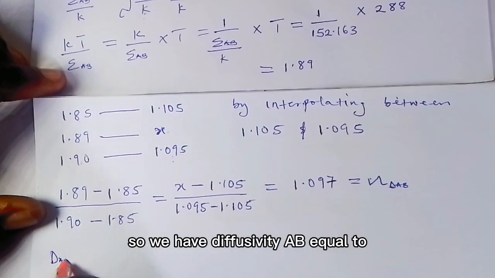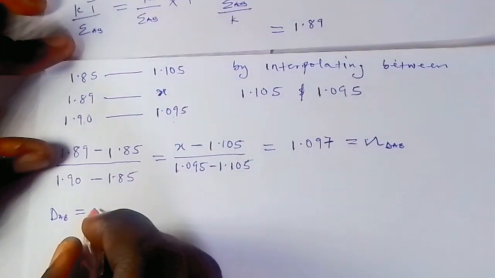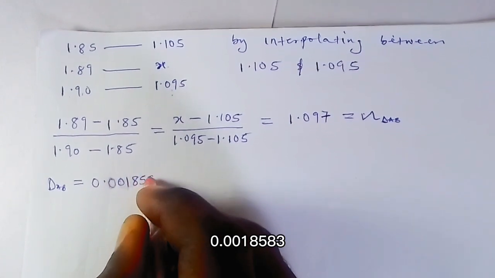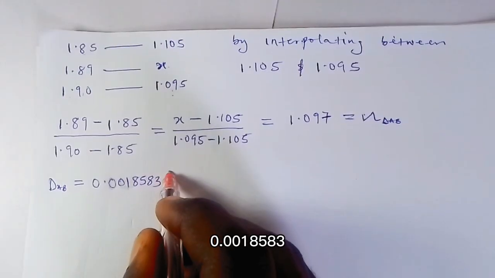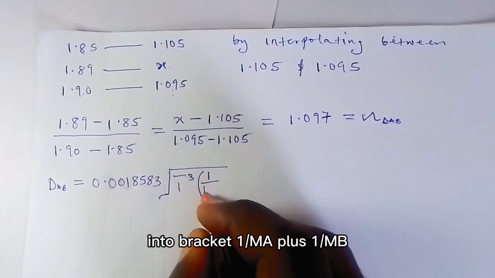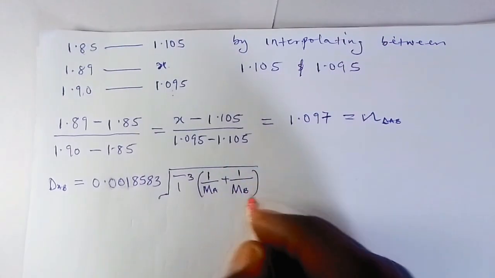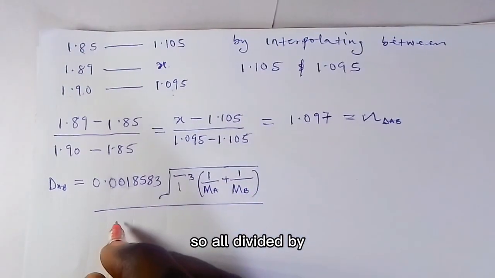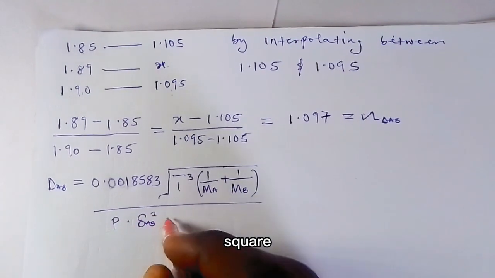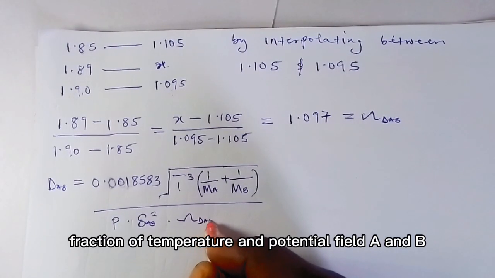So we have diffusivity AB equal to 0.0018583 square root of T cubed, bracket 1 over MA plus 1 over MB, all divided by P multiplied by the collision diameter AB squared multiplied by the function of temperature and potential field for A and B.